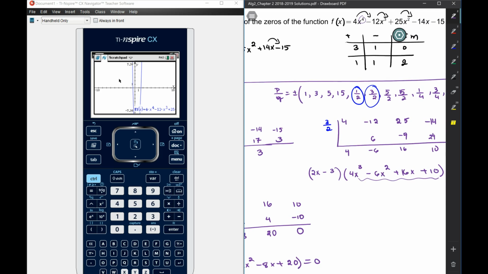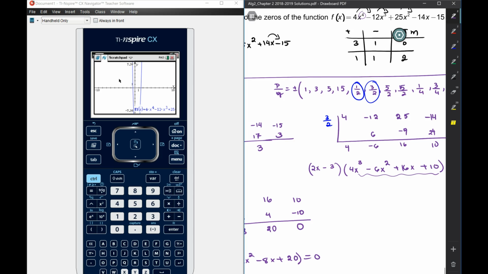I looked at my graph and I chose 3 over 2. And then you come across this and you say, oh, I need to do synthetic division again. What number should I choose now? Go back on your graph, choose the second one. And you go from there.